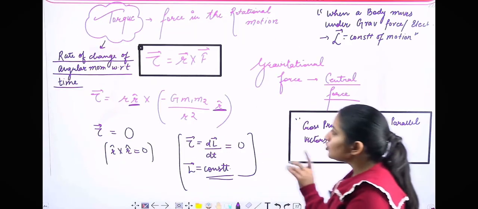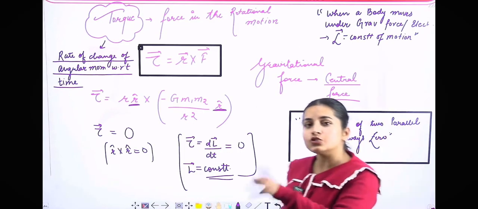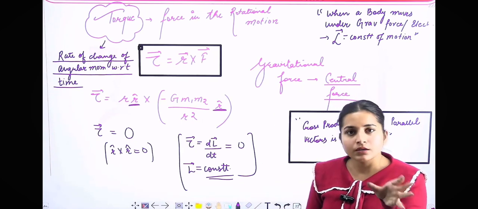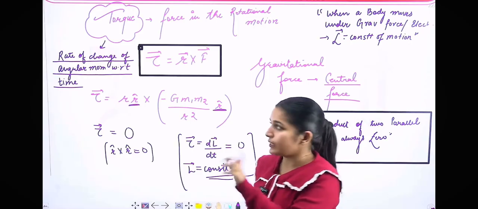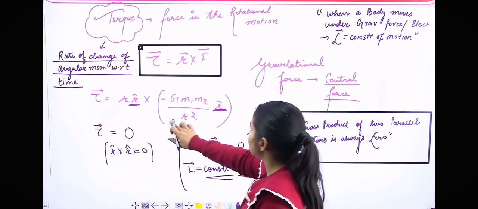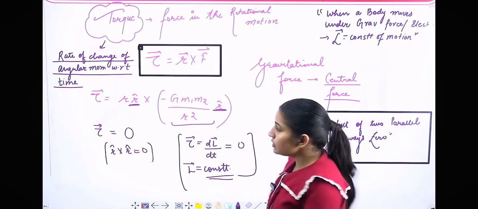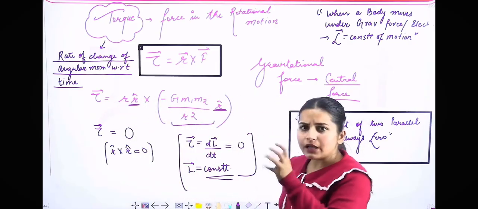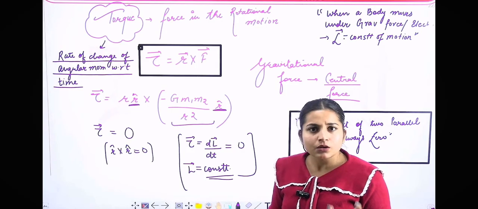And you should also know what torque is. Torque is the vector product of r, that is the position vector, and the force, that is r cross F. Now gravitational force is a central force, so I can put the gravitational force here. Now you can see r cap and r cap are parallel vectors, right?